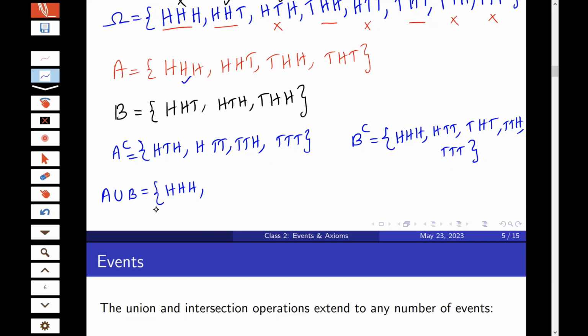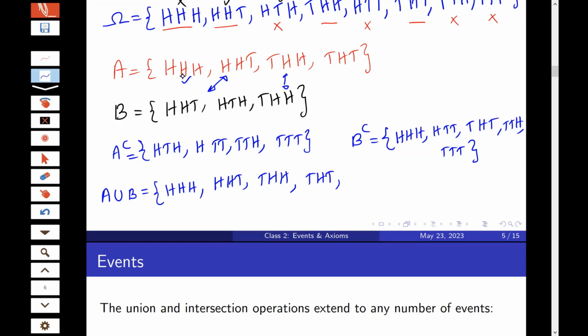So HHH, we put into A union B. HHT is in both A and B, so we write it once. Okay, HHT. And the next one is THH. THH is also in both sets, but we will write it down once. And THT.